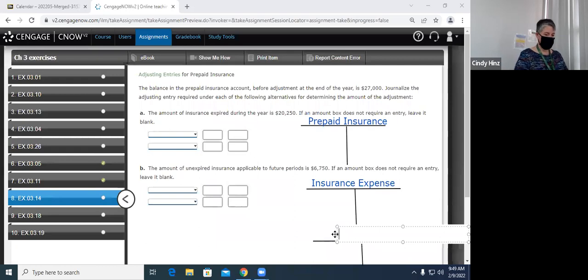And I think that's very clear with the concept of prepaid insurance and insurance expense, or prepaid rent and rent expense. Prepaid insurance, the asset on the balance sheet; insurance expense, the expense on the income statement.